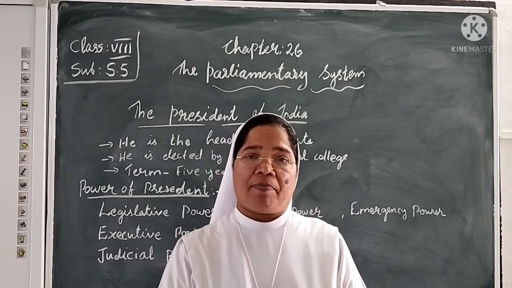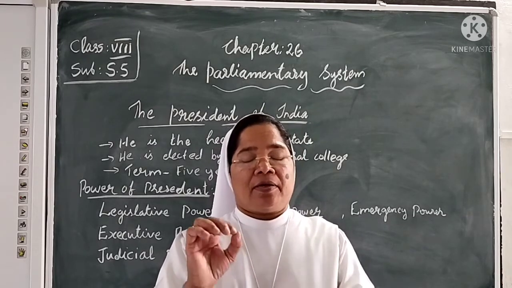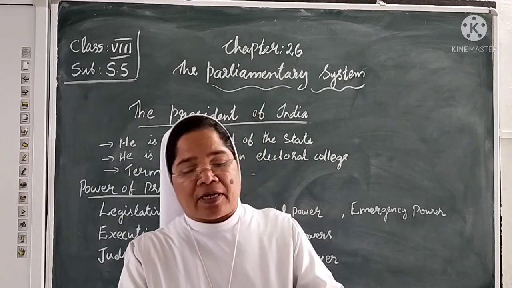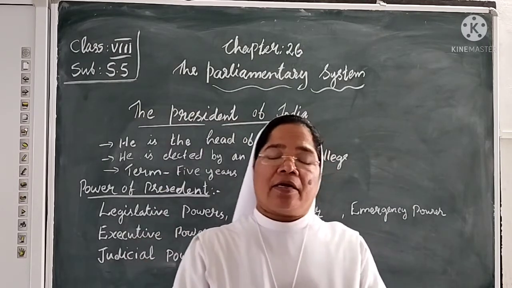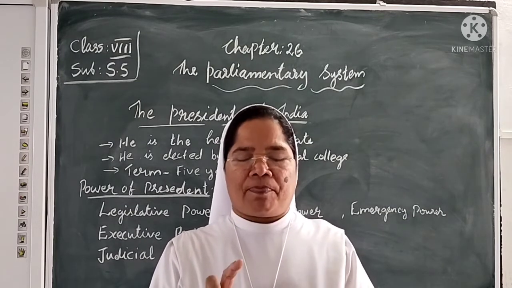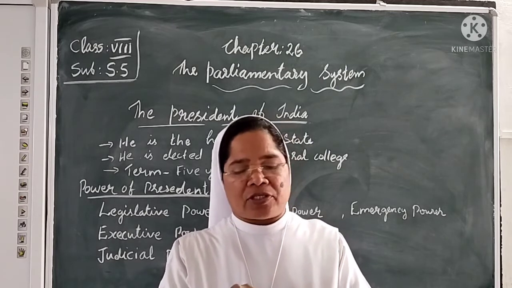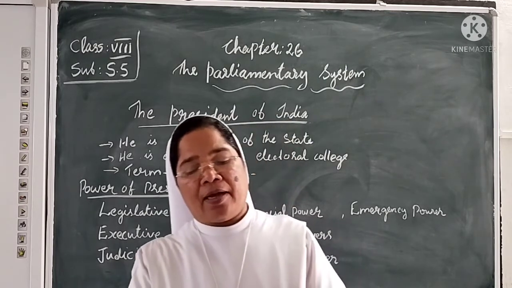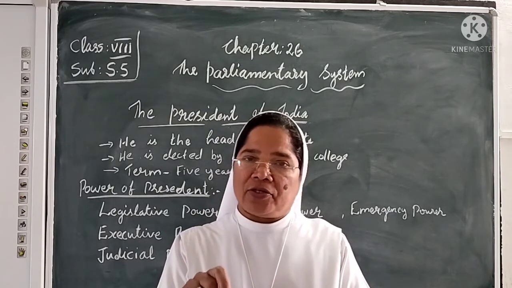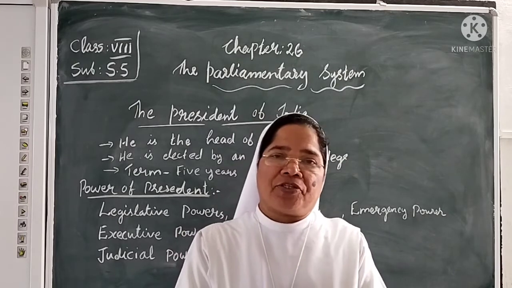He is elected by an electoral college which consists of the elected members of both houses of Parliament. Both houses means Lok Sabha and Rajya Sabha. And the Legislative Assemblies of the states and the Union territories of Delhi and Pondicherry.